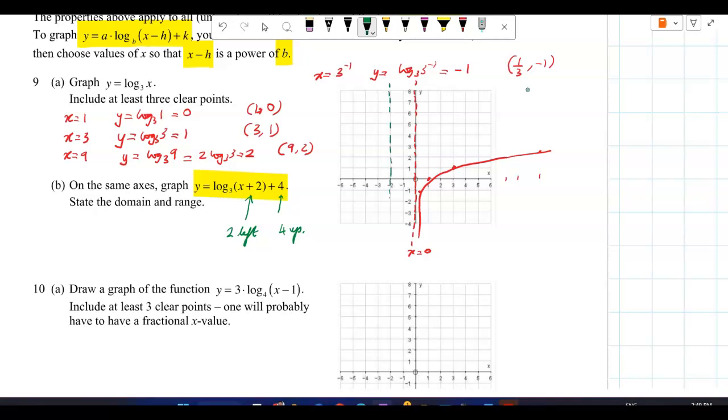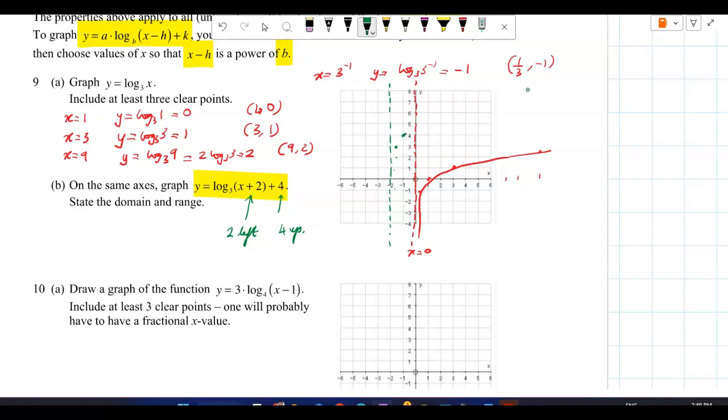So 2 left for the vertical asymptote. And each point will be 2 left and 4 up. Each point, so 2 left, 4 up. 1, 2, 3, 4.